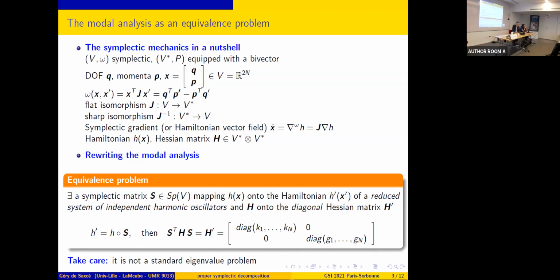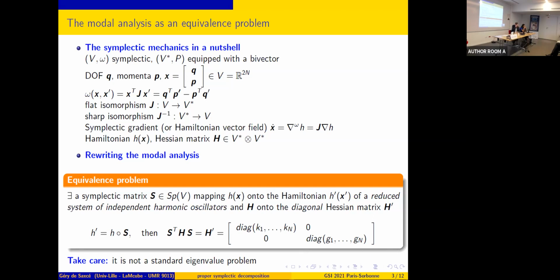Omega is a canonical symplectic form on this space, so we can identify V and V star with flat and sharp isomorphisms.